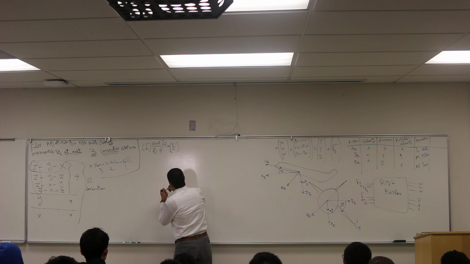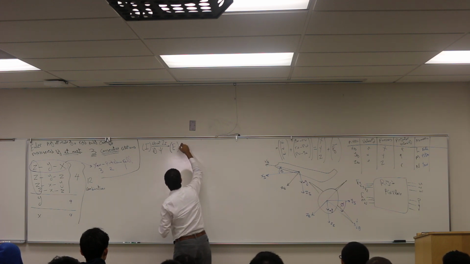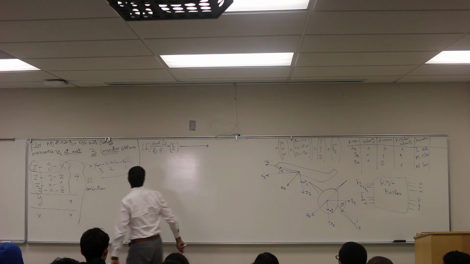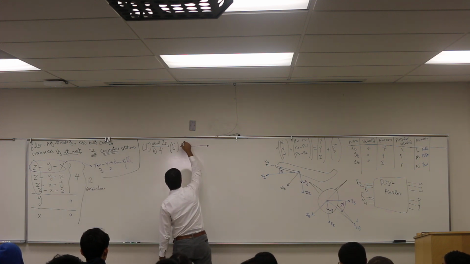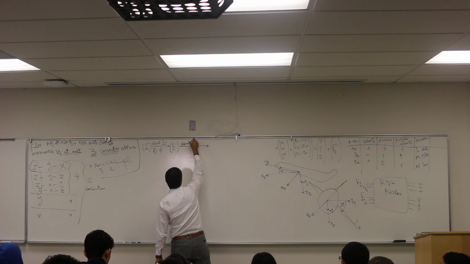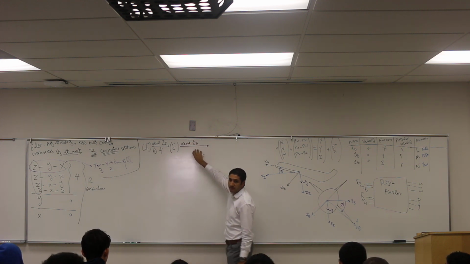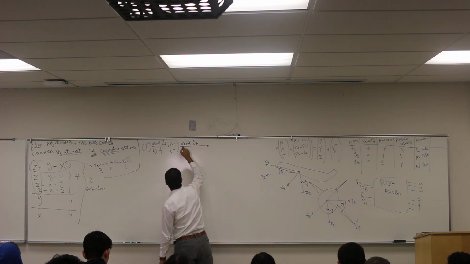So from this E frame, I will rotate about y. So about y of that frame, not the original y, but y of that frame, by some angle, let's call it theta.